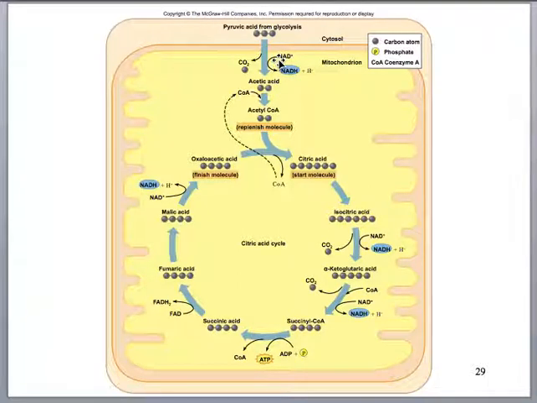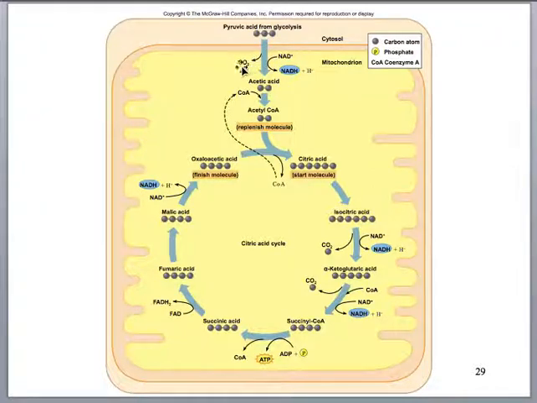You'll notice that a carbon dioxide gets split off here, and another carbon dioxide gets split off here. This eliminates all of the carbons from the original glucose molecule. So we completely oxidize glucose, because look, here's our pyruvic acid, which has 3 carbons.